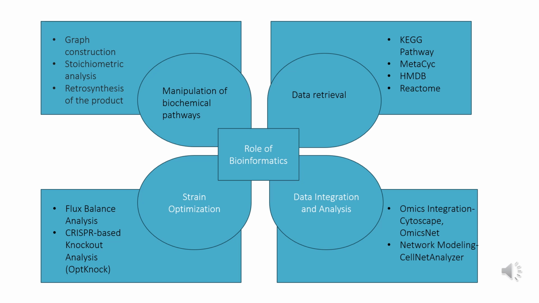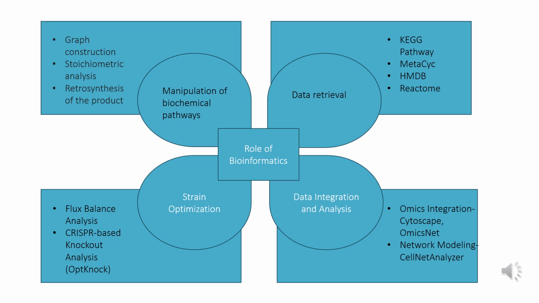The other role that bioinformatic tools can perform is data integration and analysis. It involves multi-omic integration that combines genomics, transcriptomics, proteomics, and metabolomics to create a systems-level understanding of metabolism. The tools it includes are Cytoscape for network visualization, OmicsNet, and PathPhysio.